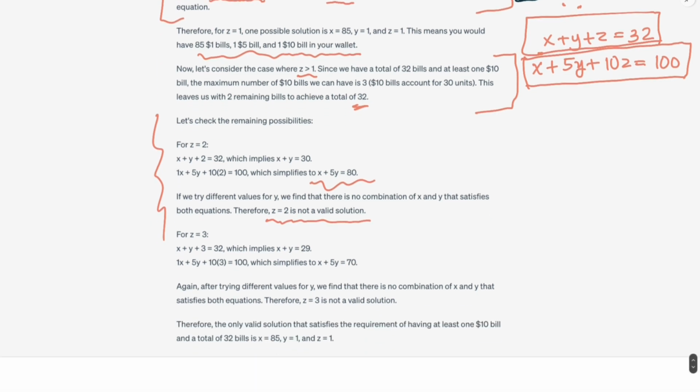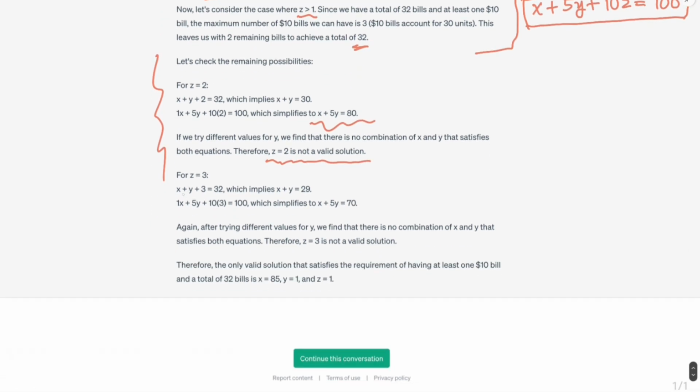Then he goes on, for z equals 3, he says x plus y plus 3 equals 32, which implies that, correct? And then he goes on to get this. Again, after trying different values for y, we find that there is no combination of x and y that satisfies both equations. Therefore, z equals 3 is not a solution. Okay, it's not a valid solution. Good conclusion. It says, therefore, the only valid solution that satisfies the requirement of having at least one $10 bill and a total of 32 bills is this.